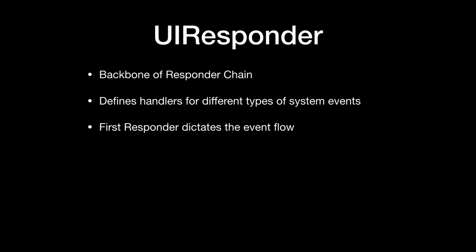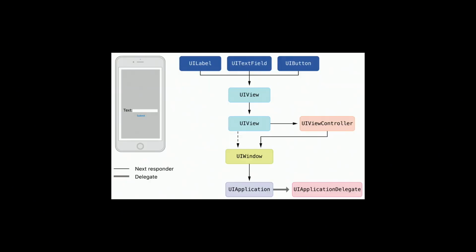And then if you don't respond to it, it flows through the responder chain from the first responder on. So if we look at this, and we set our view controller's view as the first responder, and you perform an action, none of the objects that are above the view controller's view will get a chance to respond.